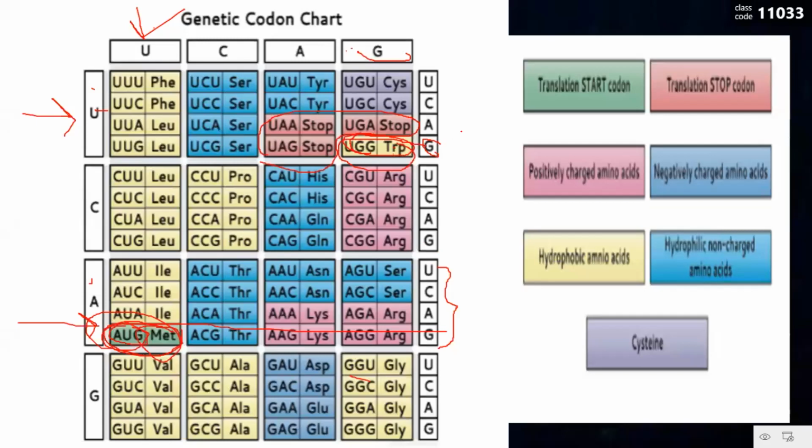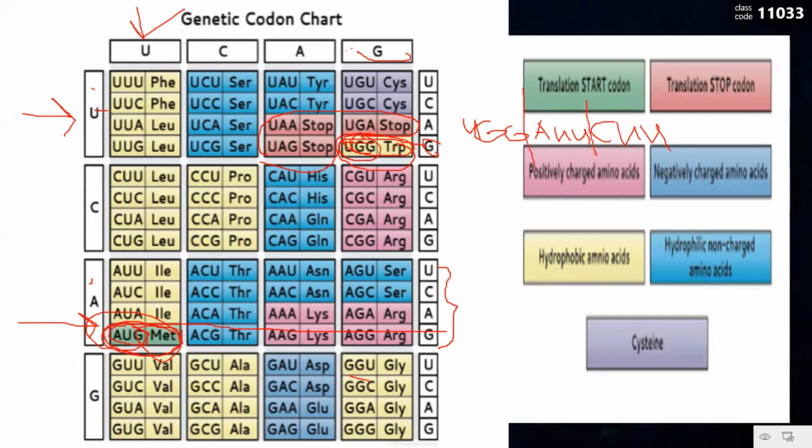So, tryptophan is UGG. Ayun, UGG. Then, isoleucine is AUU. O kahit alin dyan. So, AUU. Then, L is leucine. So, CUU. So, pwede naman pa-reverse.